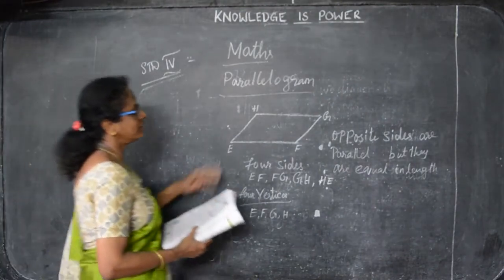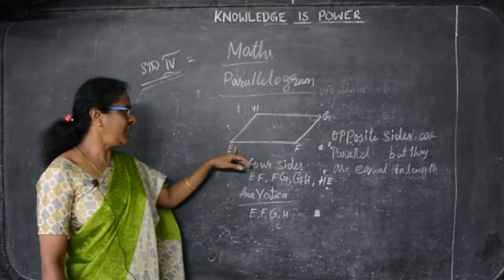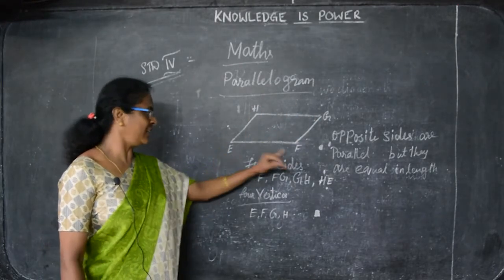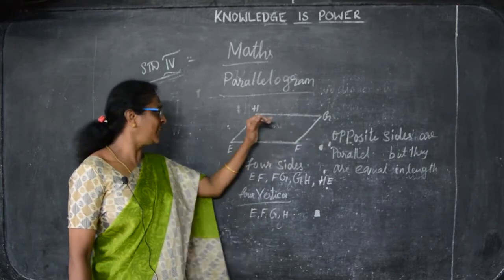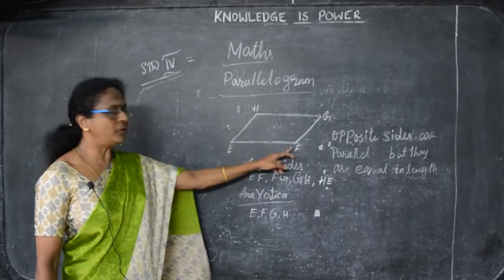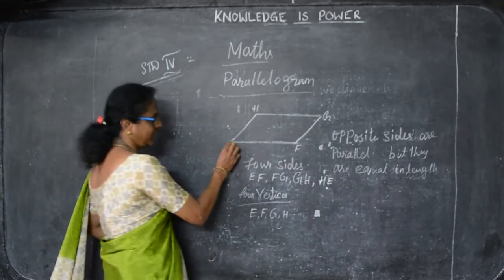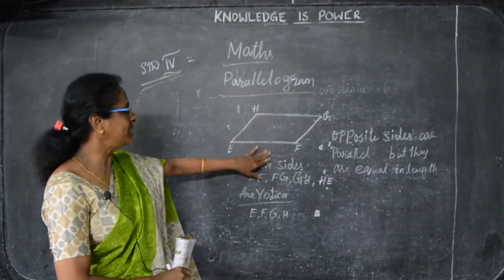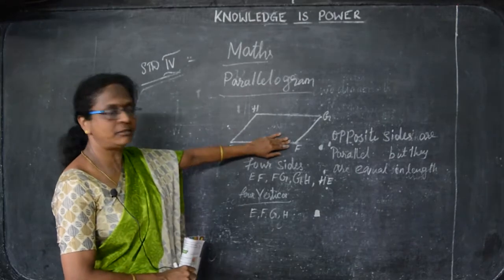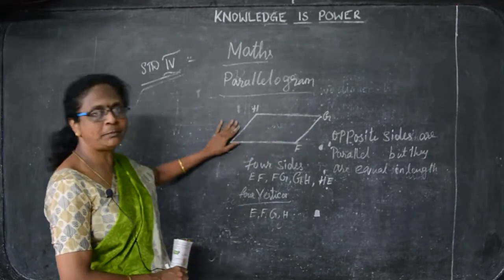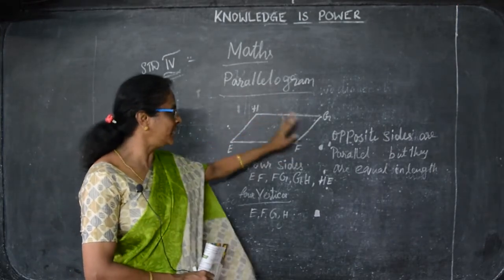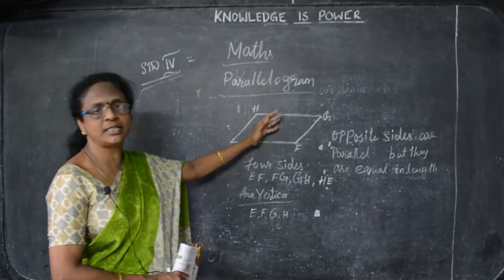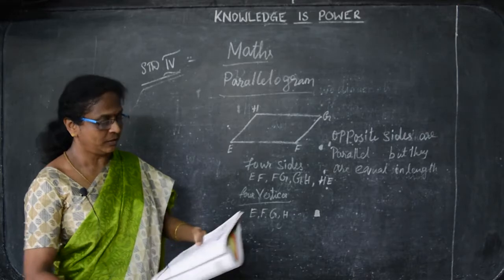Okay, so this is the parallelogram EFGH. These are the four sides: EF, FG, GH and HE. And the four vertices are the four corners E, F, G and H. Opposite sides are parallel, meaning these two are parallel lines, and these two are parallel lines. The opposite sides are parallel, and both sides will be equal in length.